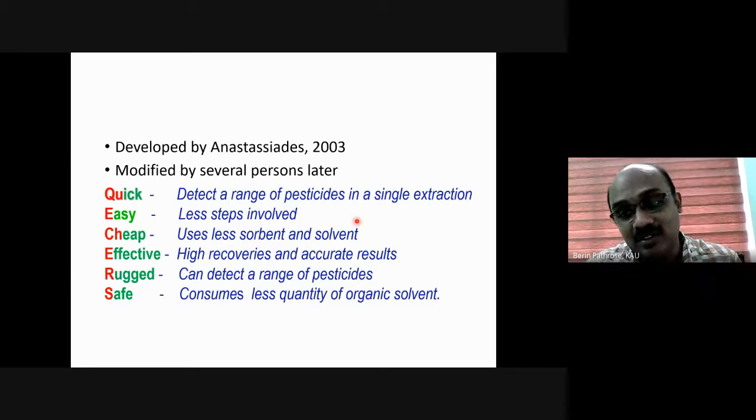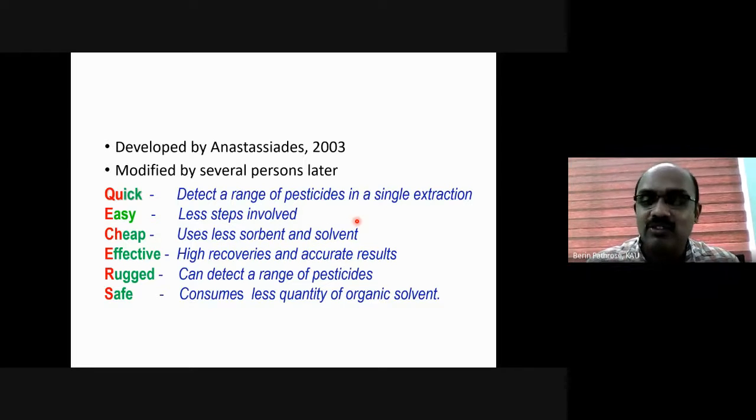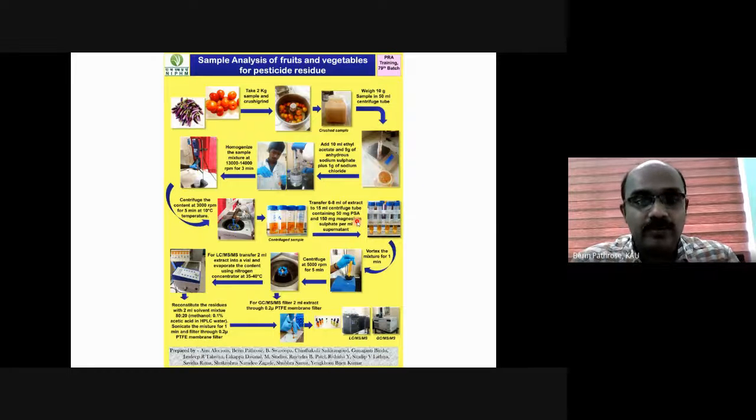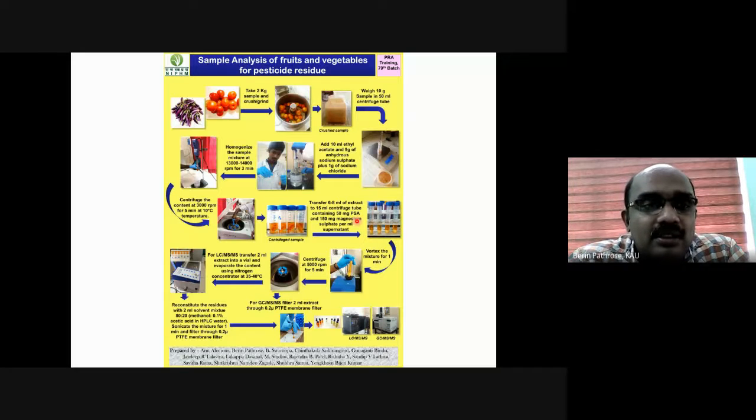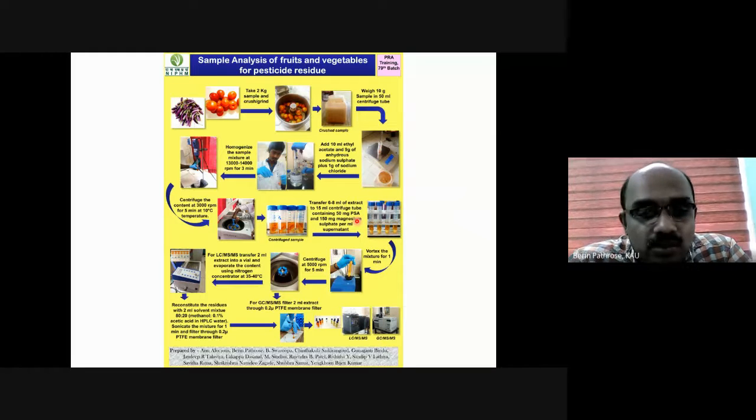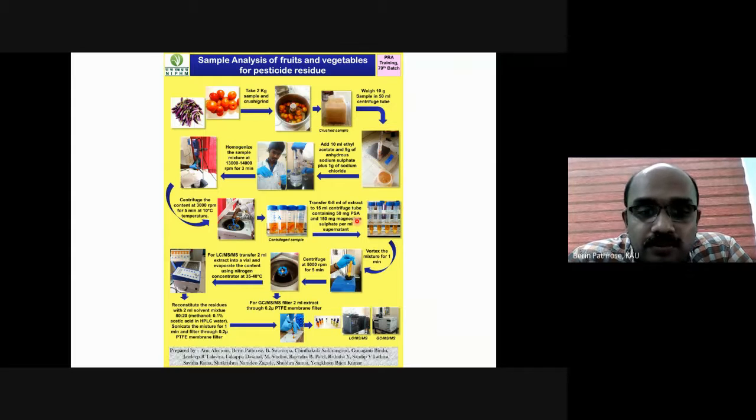That's why it is called a rugged method: even if you slightly change the chemicals, it won't affect the results. And it is safe because we consume very little solvent. So, are you clear with this picture? This is the flow chart of the QuEChERS method, what we do.